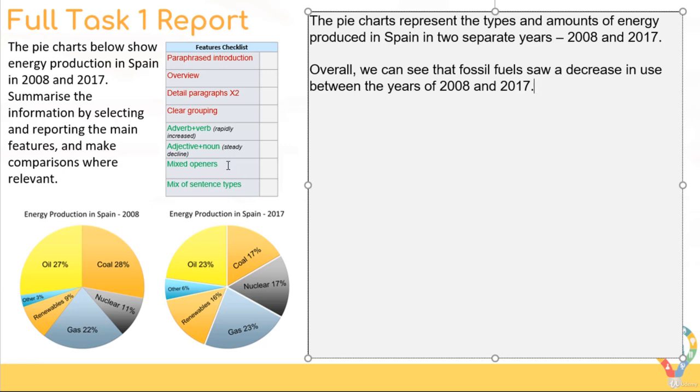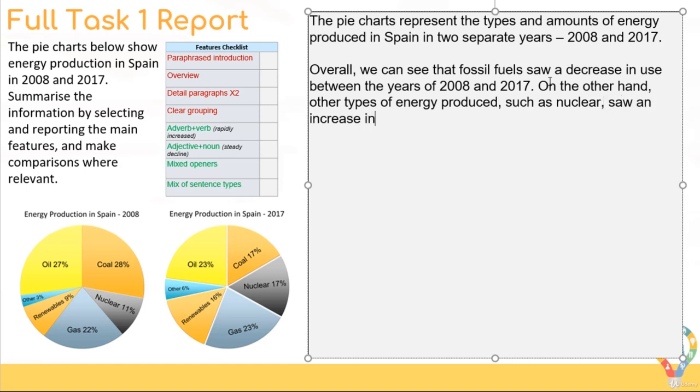Looking at mixed openers, let's try and use something else to start our discussion about the other types of energy. On the other hand, that's a great way to compare 2 different things. On the other hand, other types of energy produced, such as nuclear, saw an increase in production. There we go. So that is my overview paragraph complete.